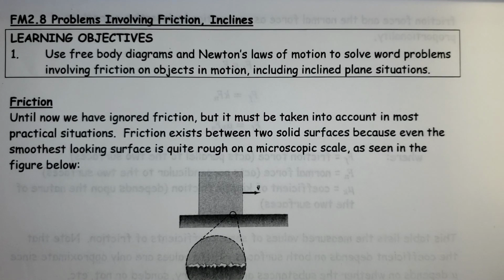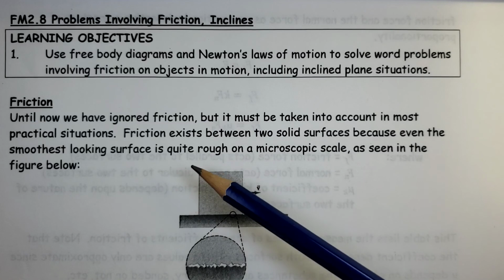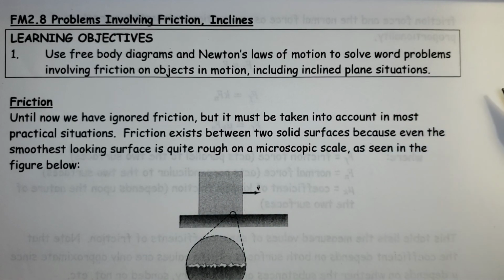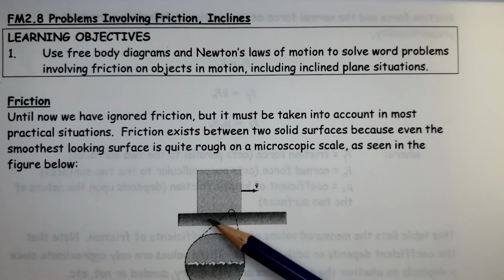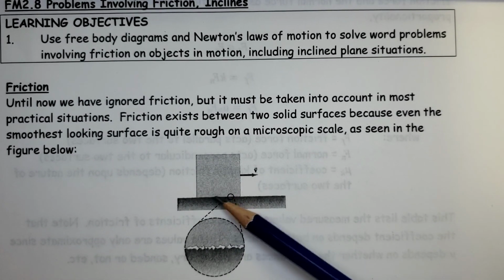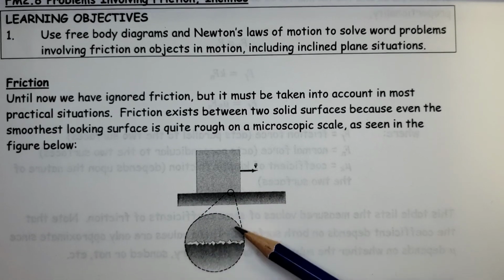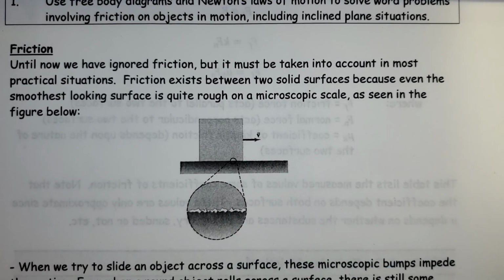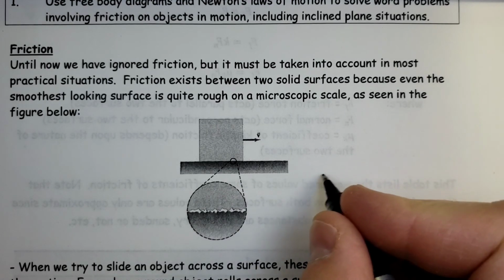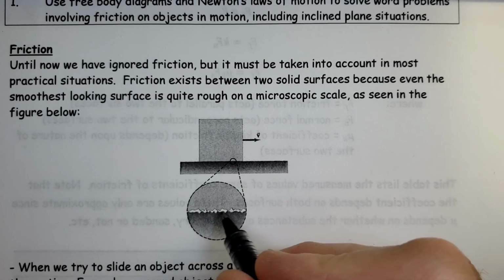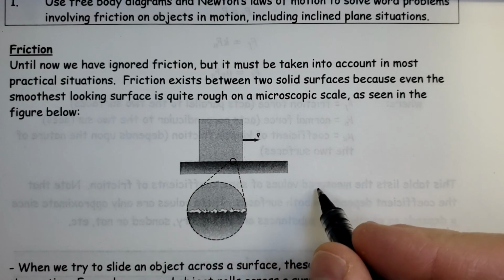For example, a puck on a piece of ice. Sometimes we assume it's negligible because it's small, but it is still there. Friction exists between two solid surfaces because even the smoothest surface is quite rough. Even if we had a flat box on a table, even though it may slide across, you can see here that there are rough edges and they overlap.